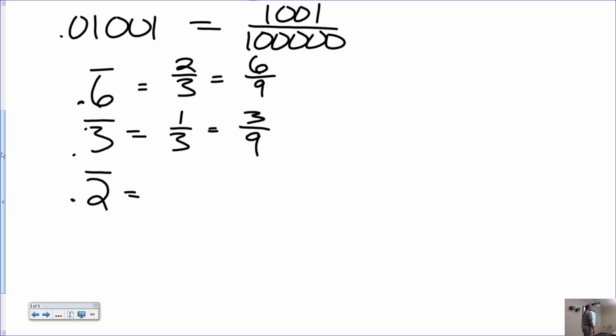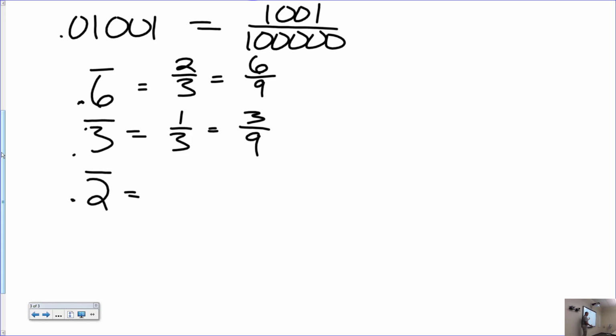What is 0.2 repeating written as a fraction? 2/9. Why do you think it's 2/9? Because 0.3 repeating is 3/9, and 0.6 repeating is 6/9. If it's the same pattern, it would be 2/9.